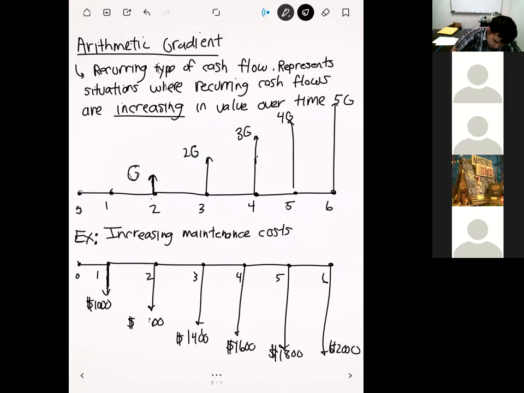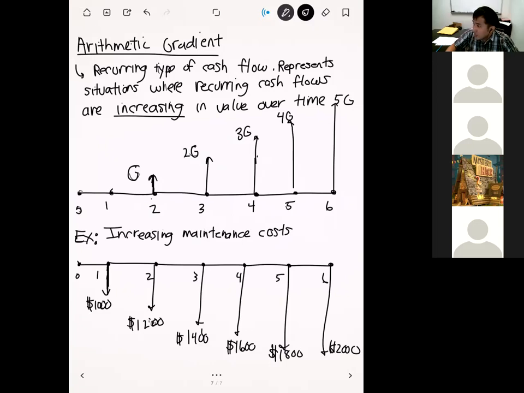And so, the question is, how should we represent this in terms of our cash flow variables, right? And so we've just learned about arithmetic gradient. So obviously we know that's going to be a part of this. But there's also something else that we can do here as well. Question.